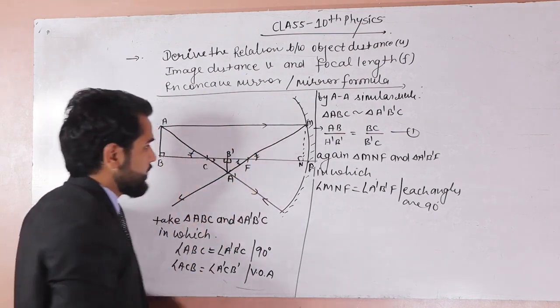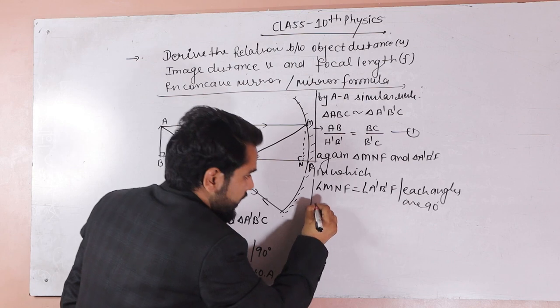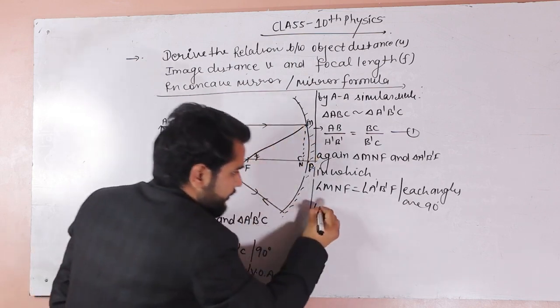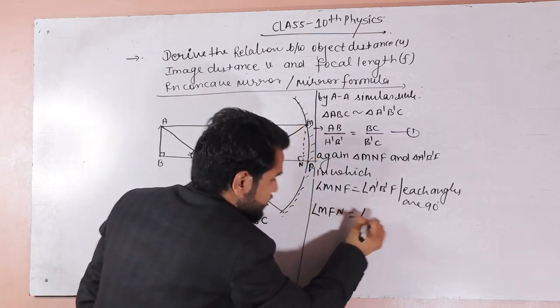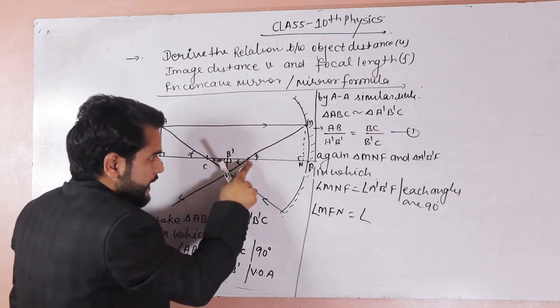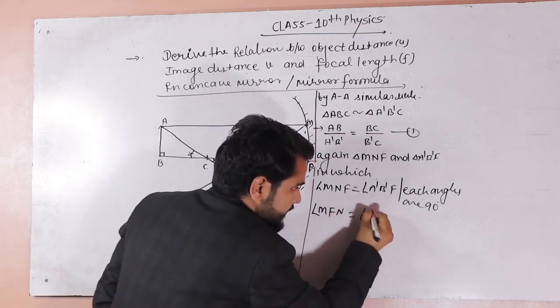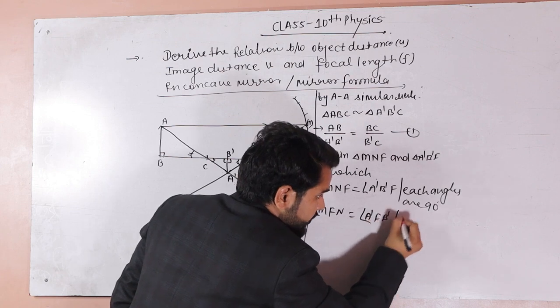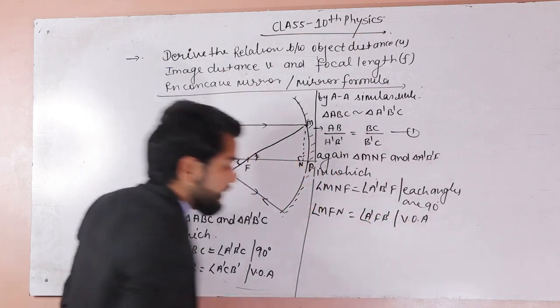Then angle MFN equals angle A dash F B dash, as vertically opposite angles are equal.